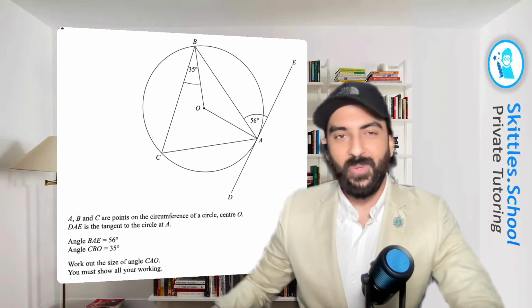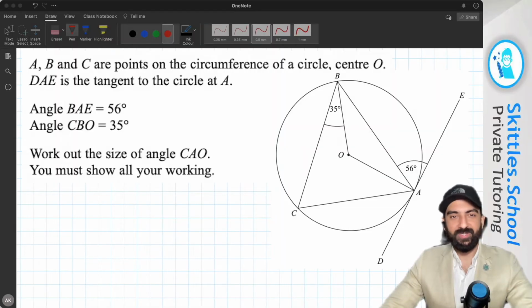Okay, let's take a look at this question then. So here's the question. We've got a triangle, ABC, which are all points on the circumference of a circle. And the center of that circle is point O. We've also got a tangent DAE, and it's a tangent at point A. So it's touching the circle at A. We've also been given some angles.